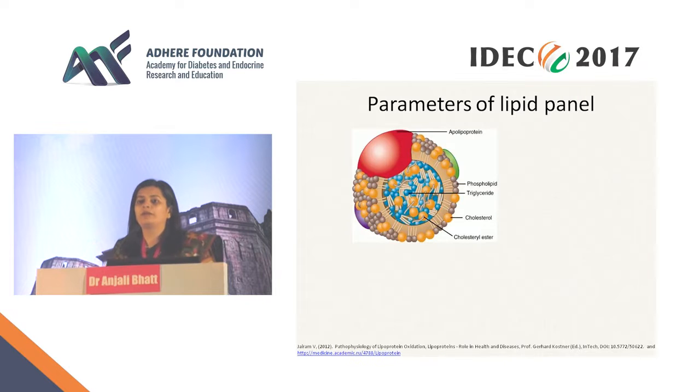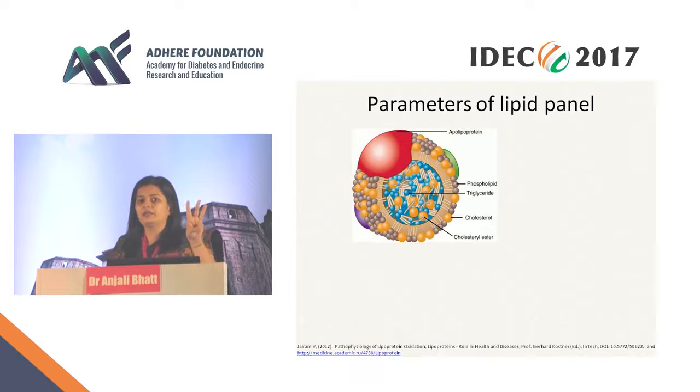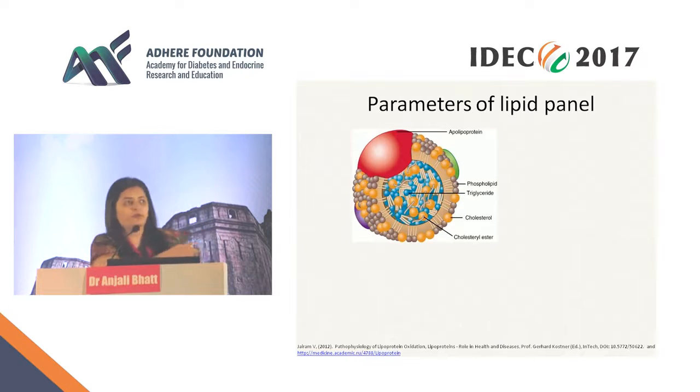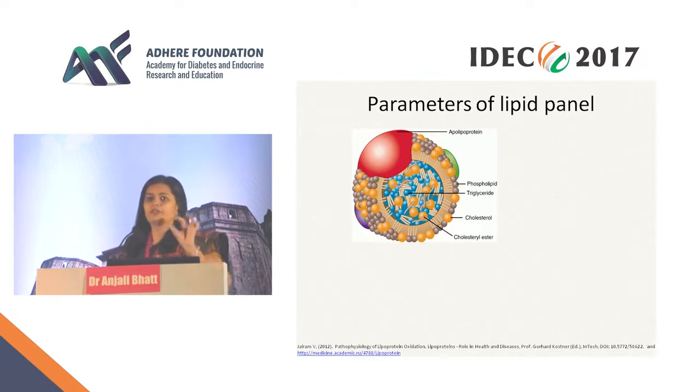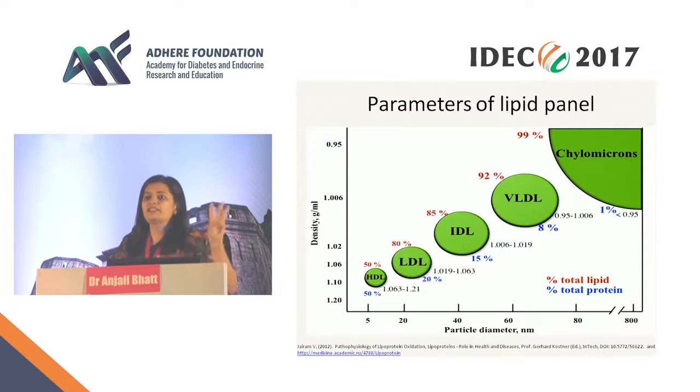Now it is all about a lipoprotein particle. This single lipoprotein particle consists of three major things from our evaluation point of view. One is a protein called apolipoprotein, second is triglyceride, and third is cholesterol. So each molecule which we are looking at consists of these three important things. And I would like you to keep this in mind.